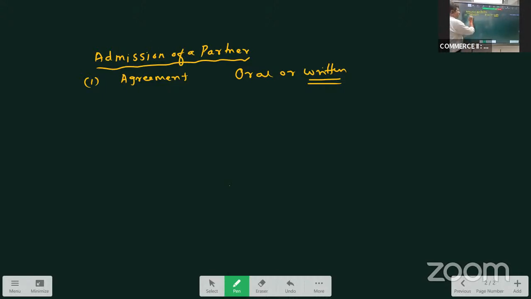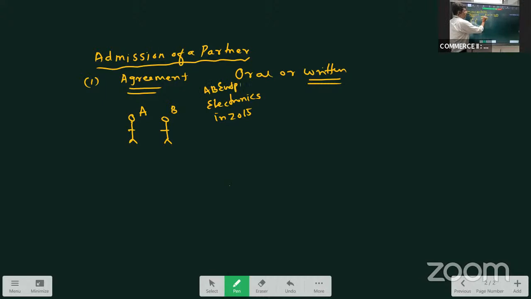As I said, this is an essential feature of any partnership firm. Suppose there are 2 partners. Let us say there is Mr. A and there is Mr. B. They both started a business of, let us say, electronics in the year 2015, by the name AB Enterprises.